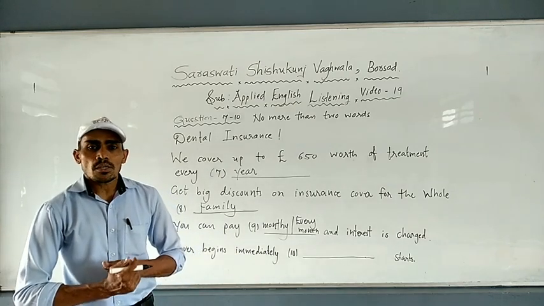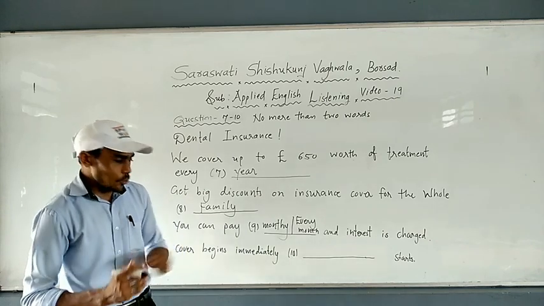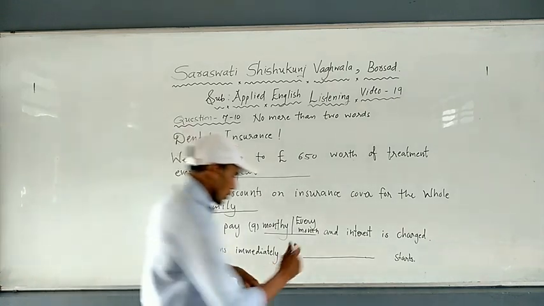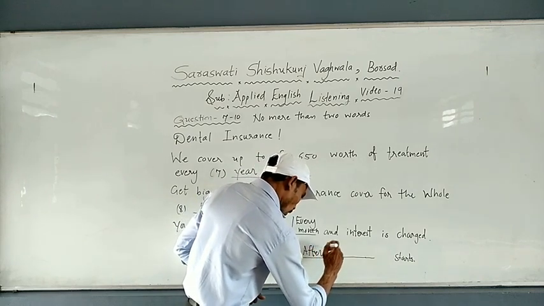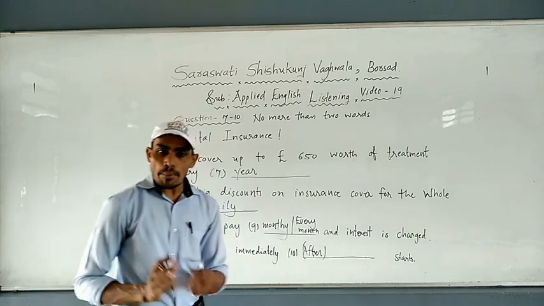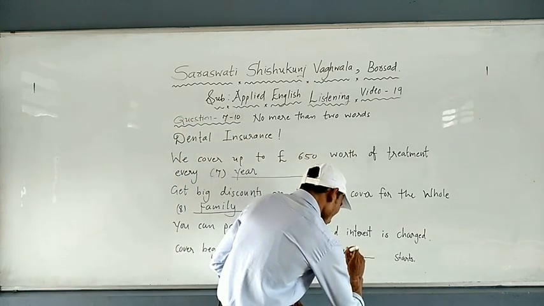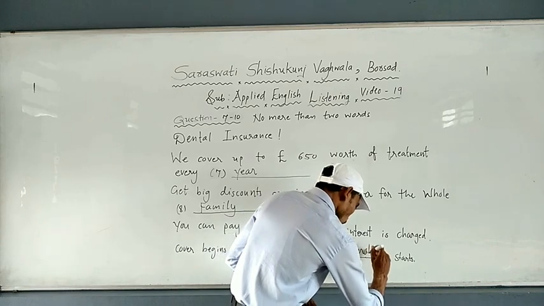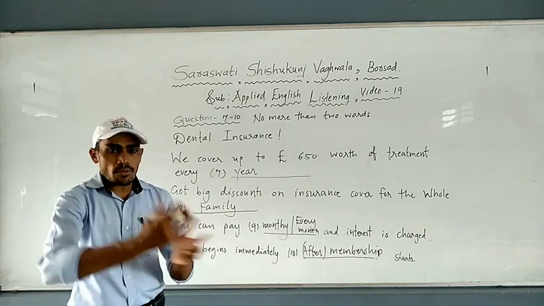When the cover begins, if you have listened attentively, you get the answer, after membership. So here, after membership. If you have written only membership, then also correct. So I write membership. Okay. So after membership, the cover begins.